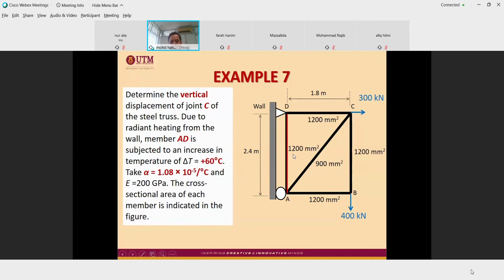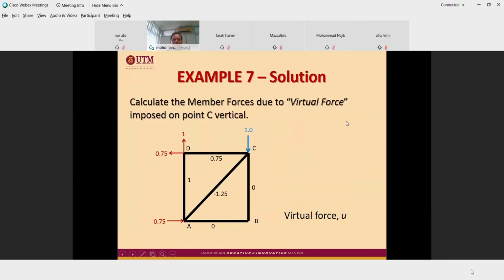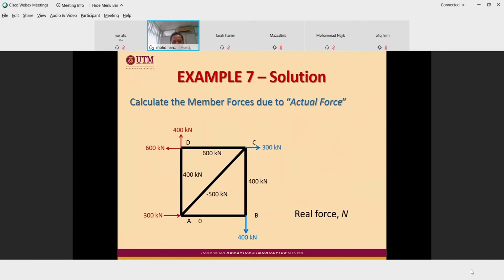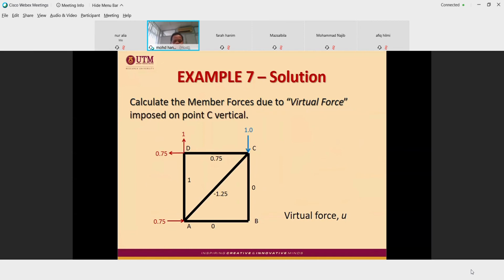So what happened? First step, calculate the member force due to the virtual force imposed on point C. Actually, you can choose either one: you can start with the unit load, or you can start with the actual force.